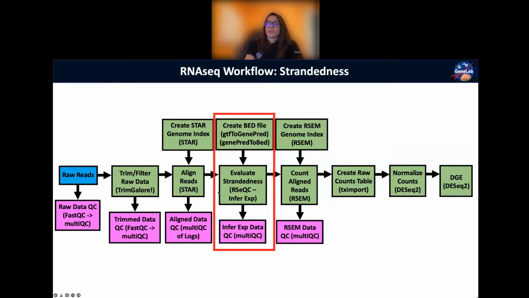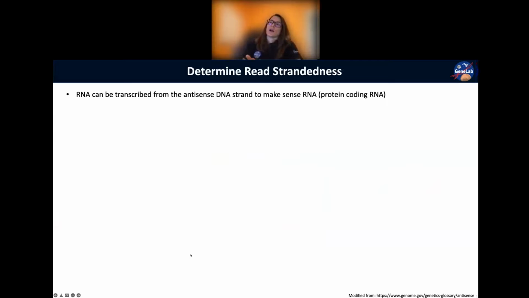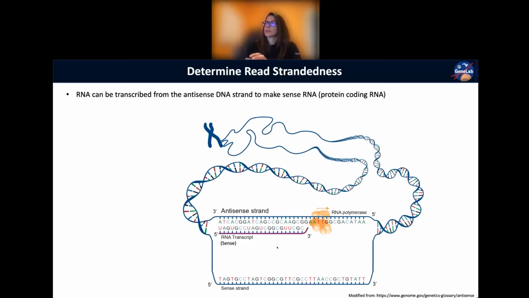Let's talk about it. RNA can be transcribed from the antisense DNA strand to make sense RNA, and that's the RNA that can code for proteins. And that looks like this, right? We have our DNA here, and we see the antisense strand of our DNA, which is directed 3' to 5', can be transcribed in the 5' to 3' direction to make a sense RNA transcript.